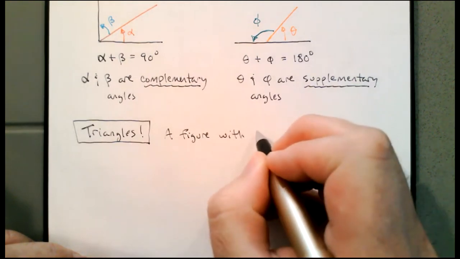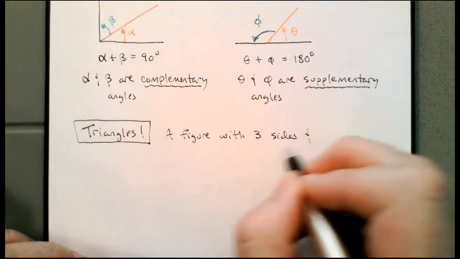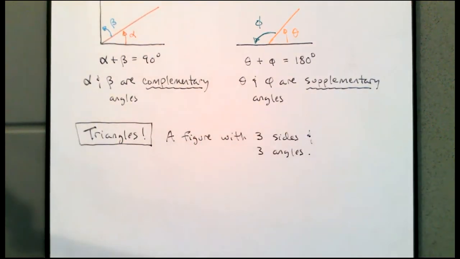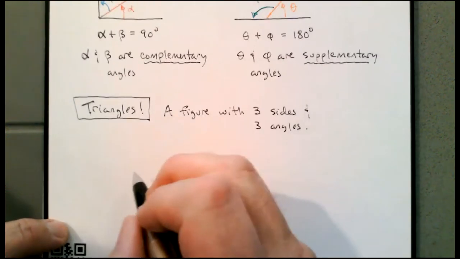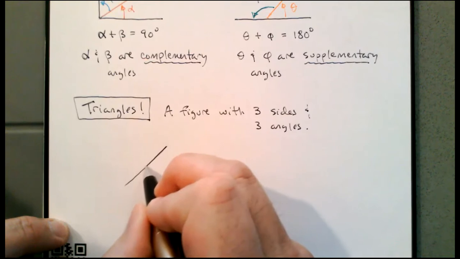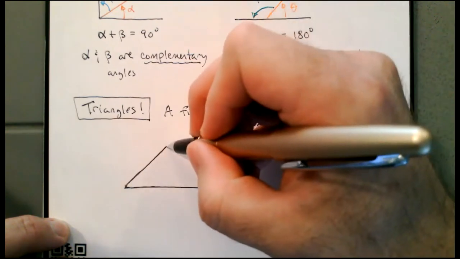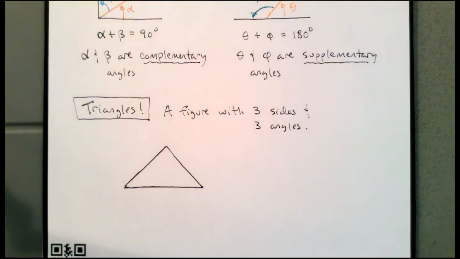A triangle is a figure with 3 sides and 3 angles. So if I draw a triangle, we have 3 sides and 3 angles. One of the things that we're going to want to do is play a game called solving triangles. That's where I give you 3 pieces of information about a triangle, and you find the other 3 pieces of information about that triangle.